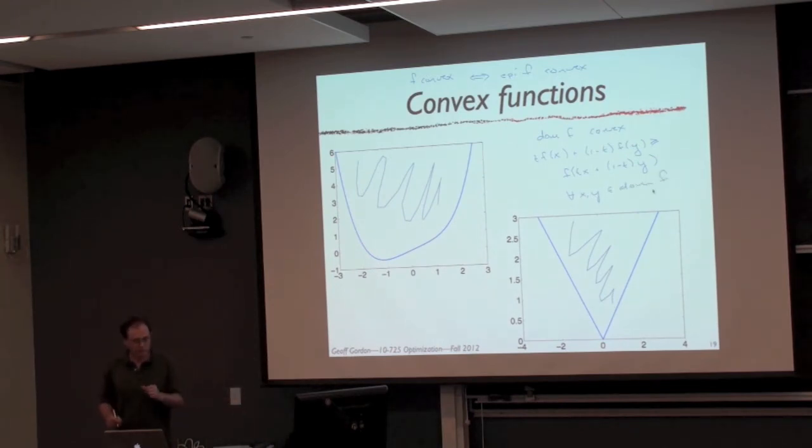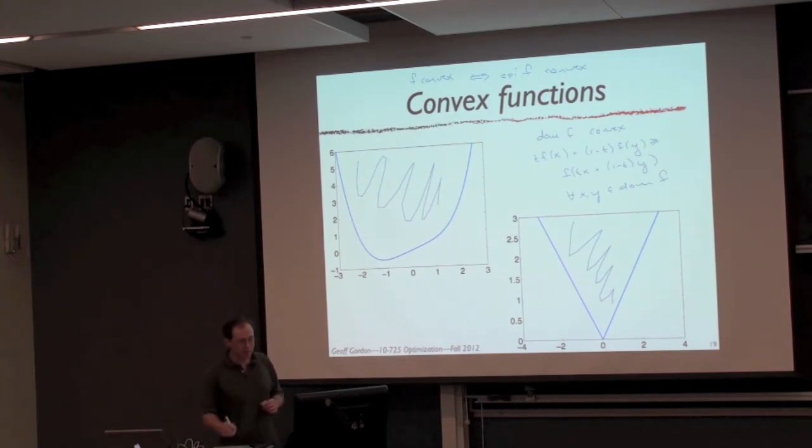Right? So first, the domain itself has to be a convex set, and second, this condition has to hold for all x and y in the domain. A lot of times people forget to check the condition that the domain is convex, so you always have to check that. And there's also, you remember, an expectation version.